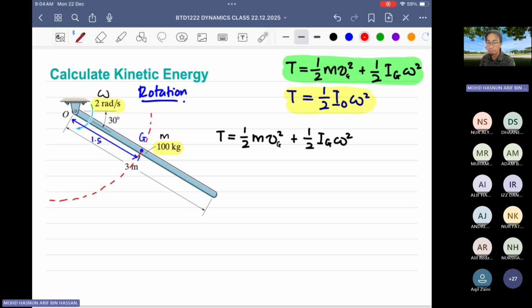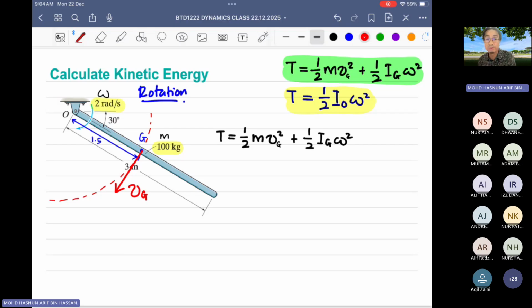That is the circular path of motion of G, and it will have the velocity pointing in this direction. This is the velocity of point G, so this is basically Vg. So we do have the velocity of point G, but the value is not given in the question.